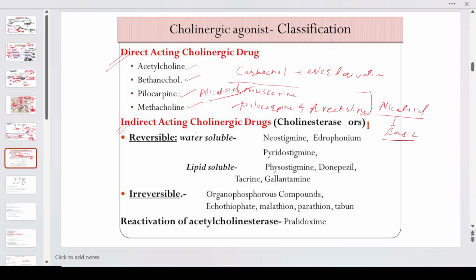Now indirect acting. Indirect acting are cholinesterase inhibitors, anticholinesterase we can say.